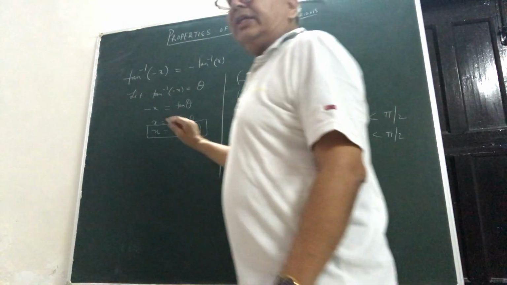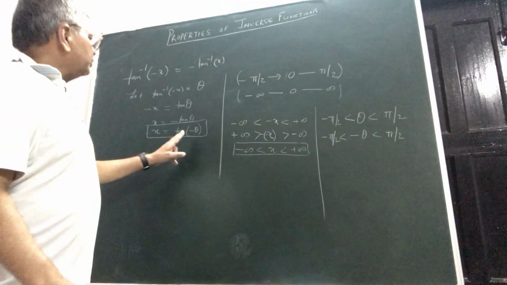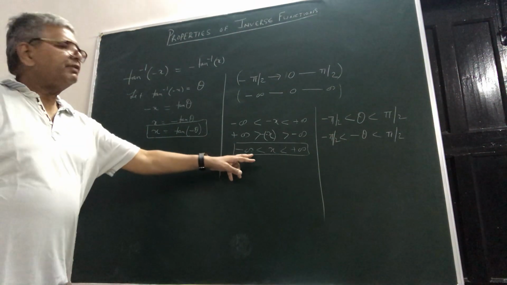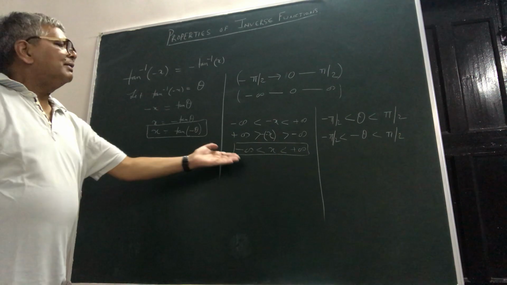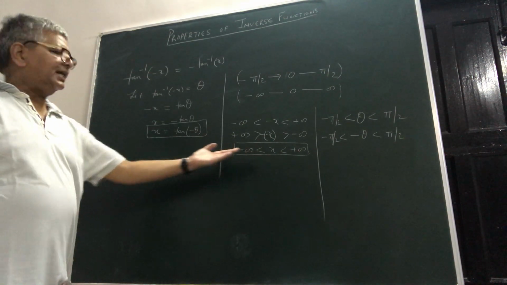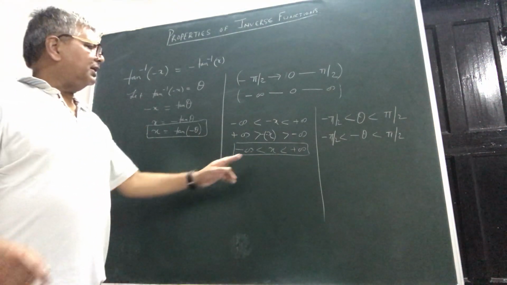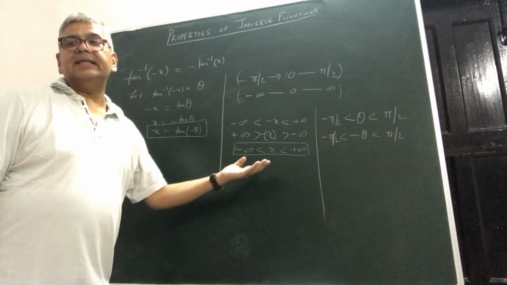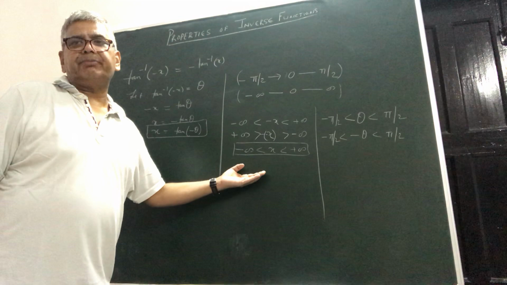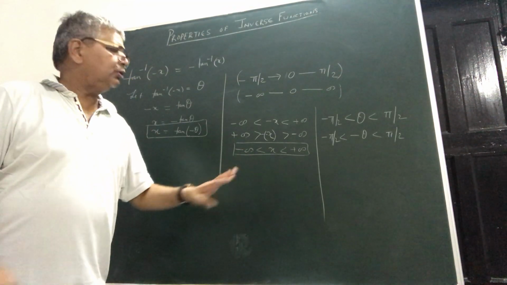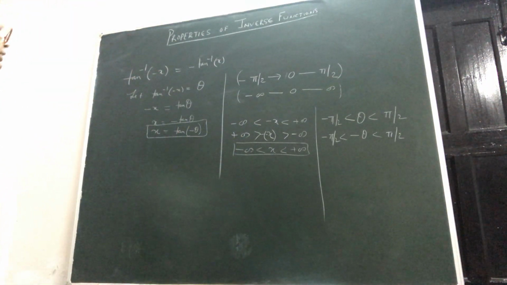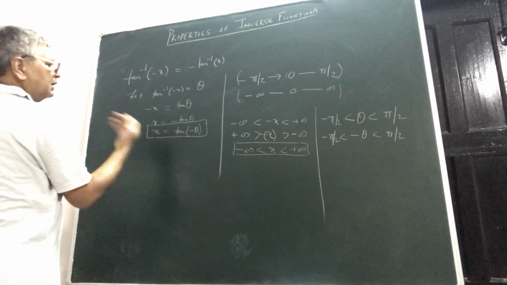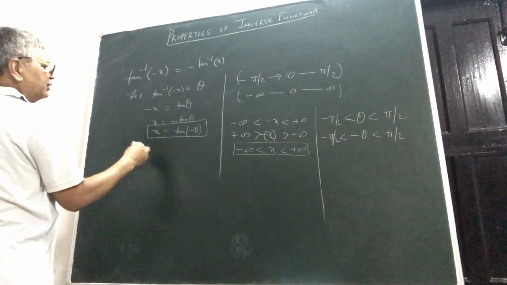Because see tangent minus x, fortunately here you have the entire real line, but if it had been some restricted set, then it could well have been possible that if x is falling in the principal branch, then minus x might not have fallen into the principal branch. So it is always better to look into it. Okay, so minus theta is again falling in it, so you can comfortably take the inverse of this thing.